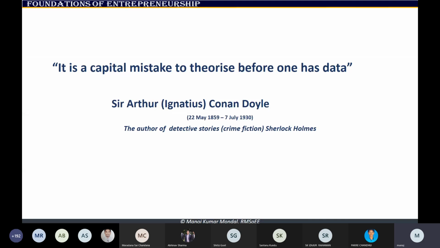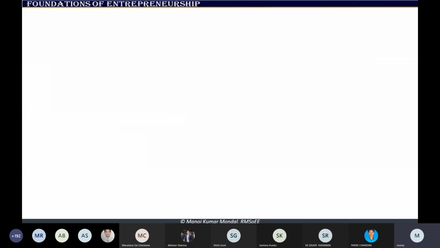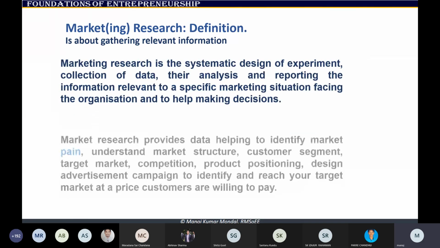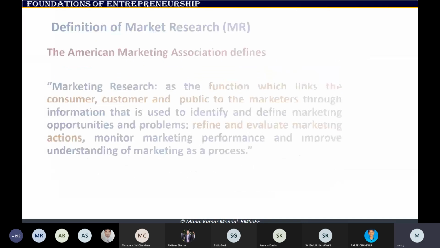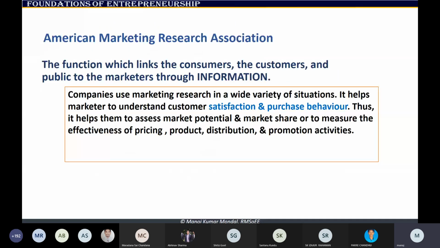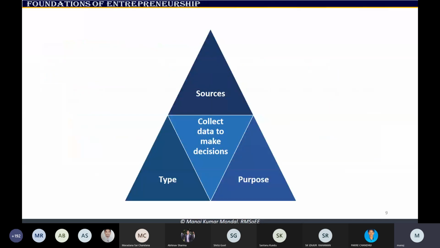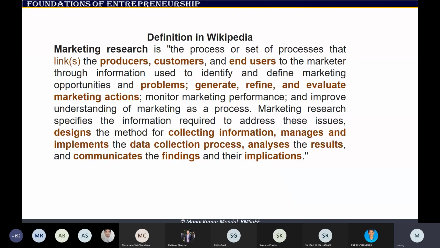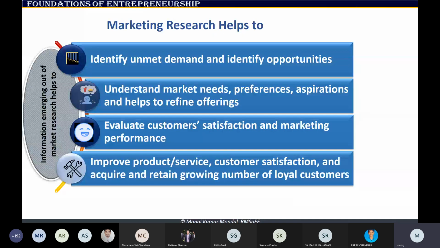If somebody says people are not going to vote for this party, ask what the source of data is, based on which data they are saying it. If they say this is my guess, then you say this is bullshit. Guess doesn't work. And there are a lot of definitions. You should read them; I just cannot afford to read them all. I have already explained what market research is in a very big way. The definition here is from Wikipedia, just a copy paste.